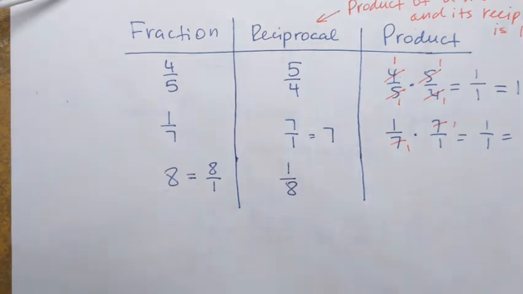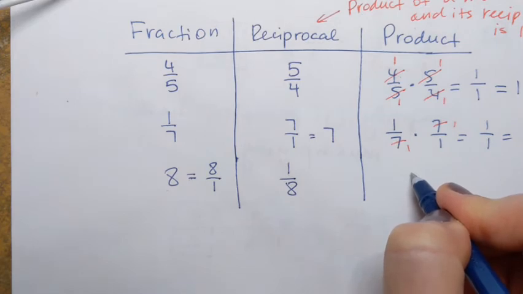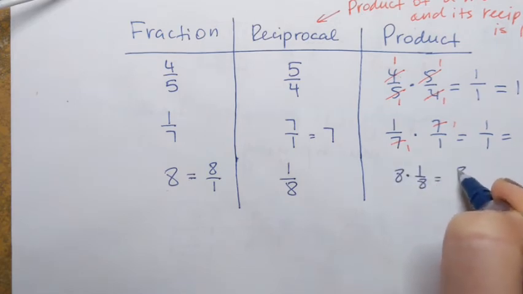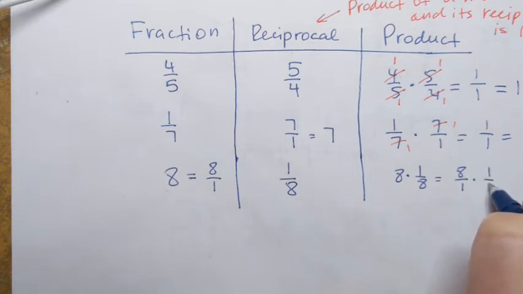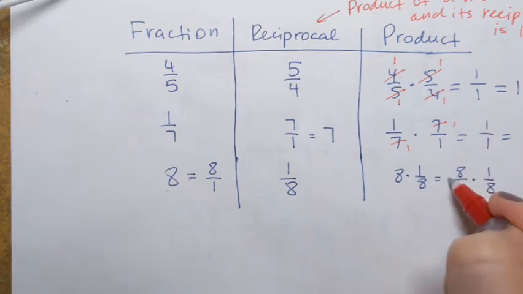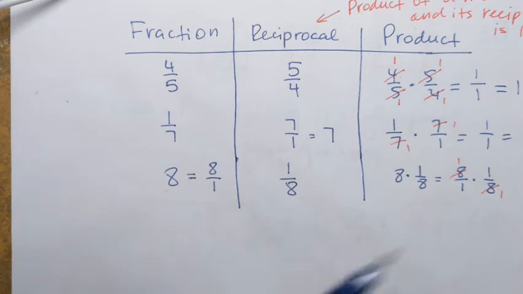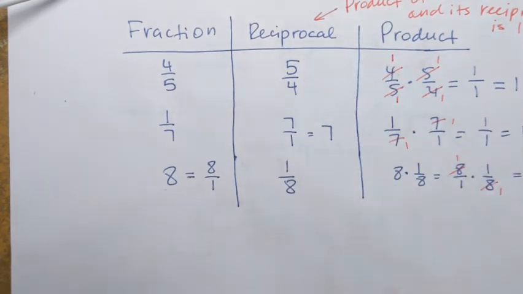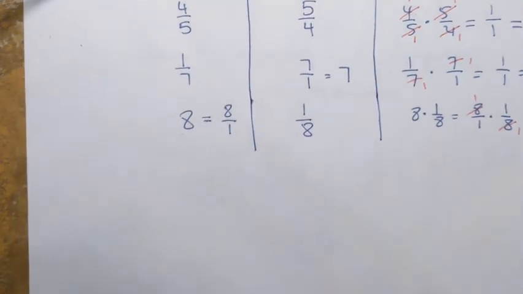It's going to be 1 over 8. So 8 times 1 over 8, it's the same as 8 over 1 times 1 over 8. And that is 1. Okay, so that's how you obtain reciprocals. Pretty easy.